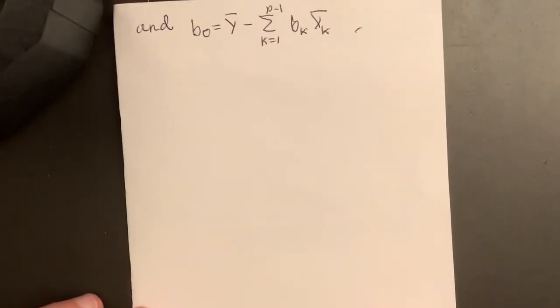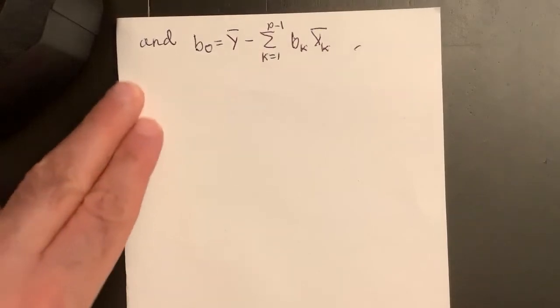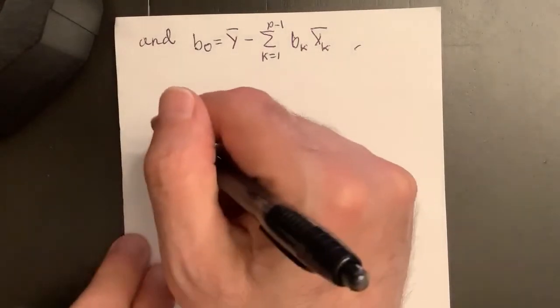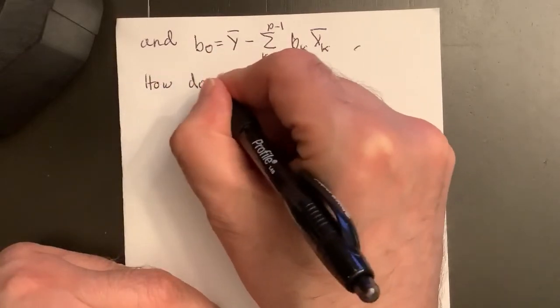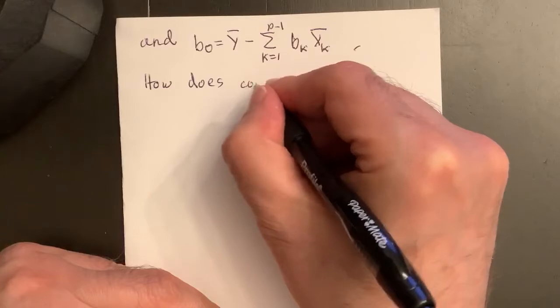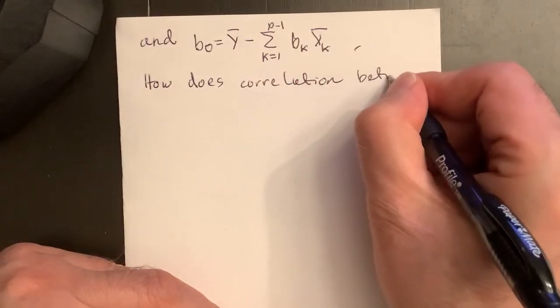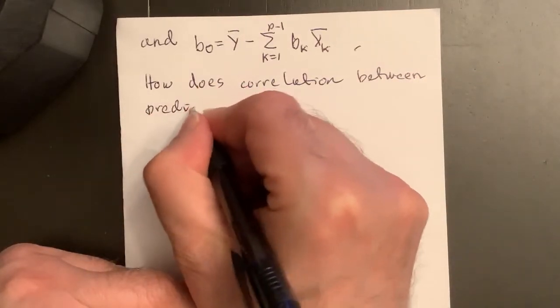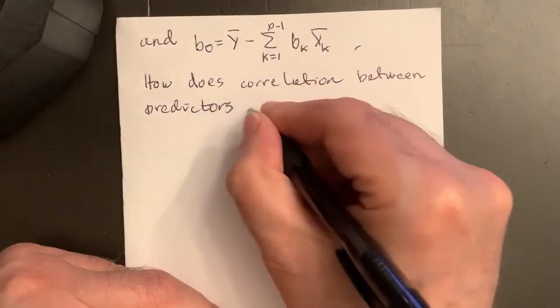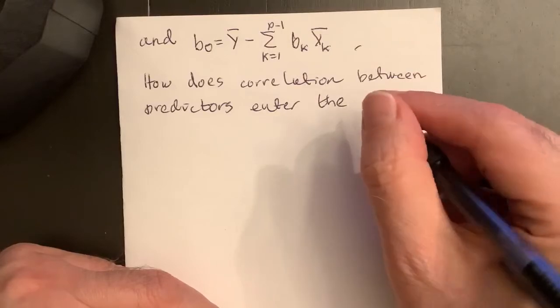Okay, we're getting to the end here. So look, one more thing. Suppose we just want to check something. How does the correlation between the predictors enter the estimated model?